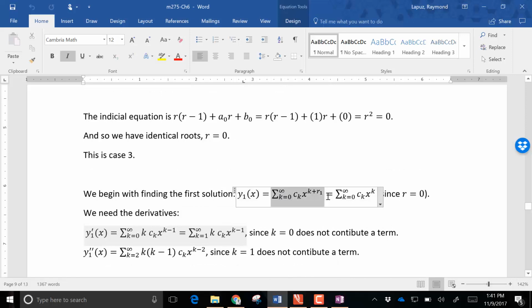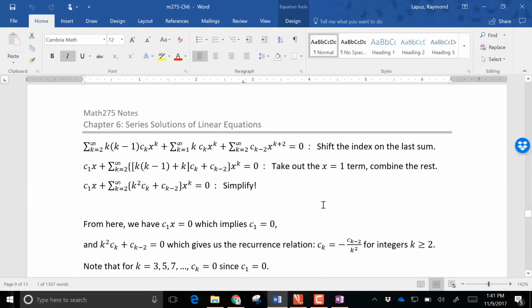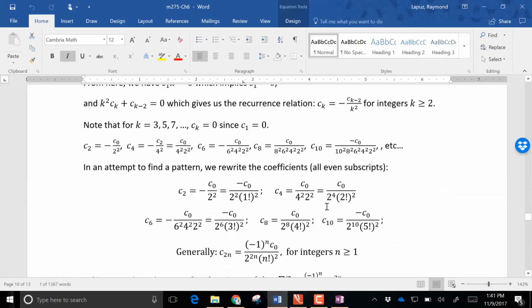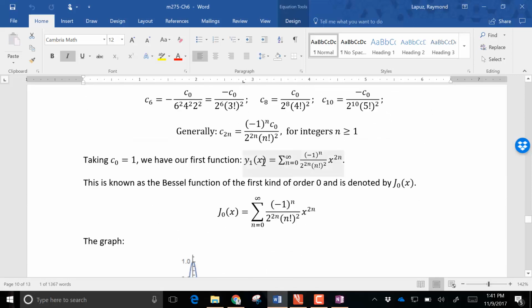One of them is going to be the regular function that we would look at as if it was a regular power series, and then the other one's going to involve an ln and some other function. If you walk through this particular example, you get y sub 1 is equal to this seemingly complicated looking series that might not look like it has a pattern, but it actually has a distinct pattern.